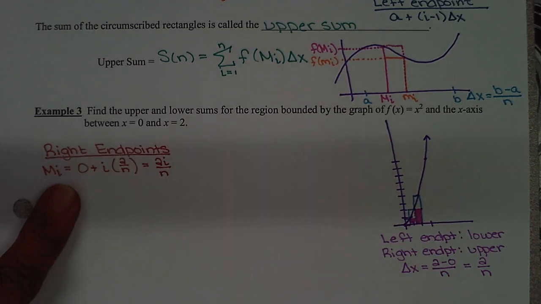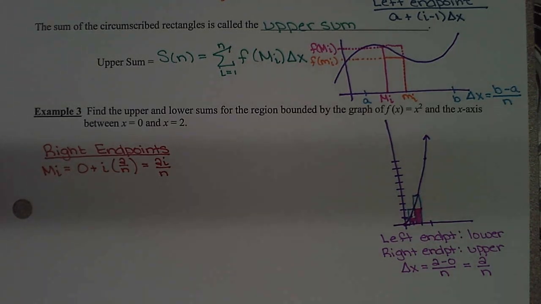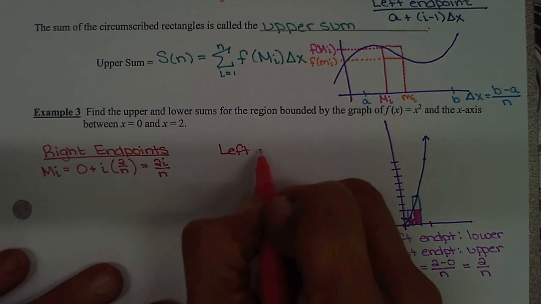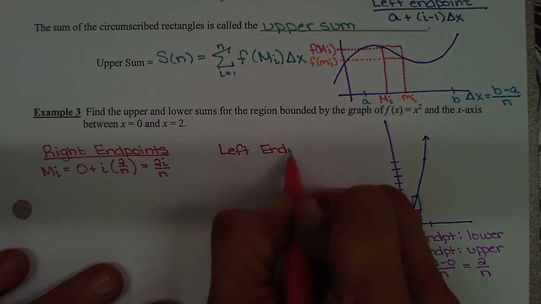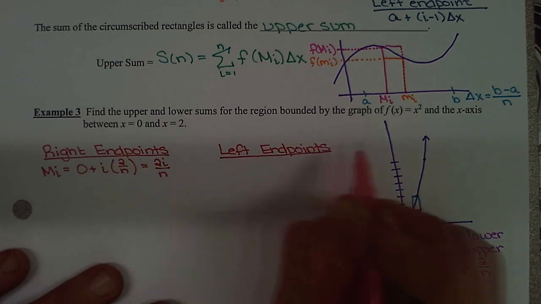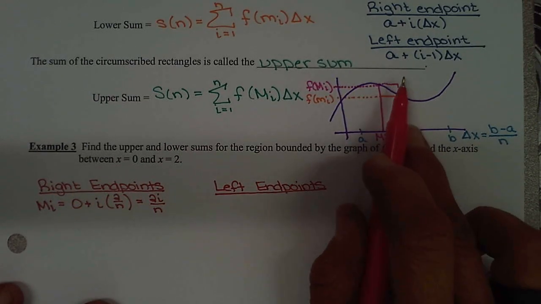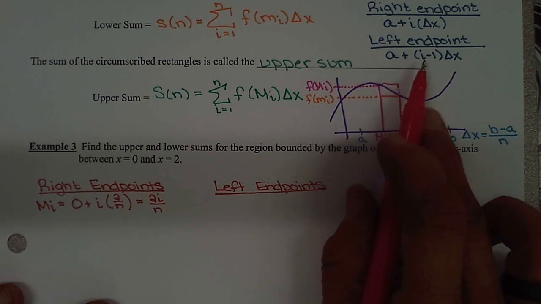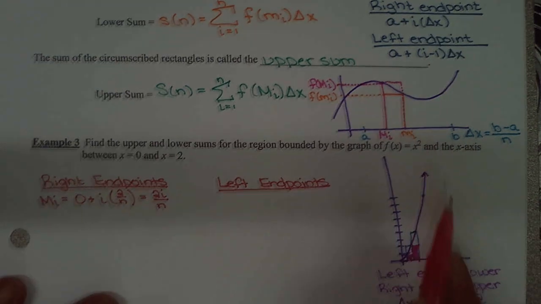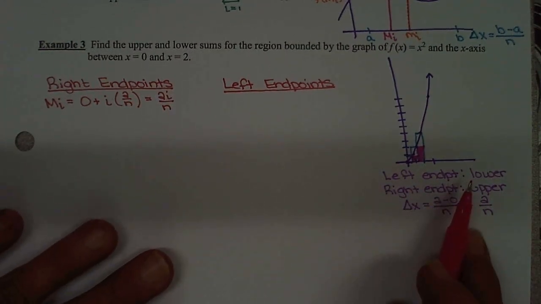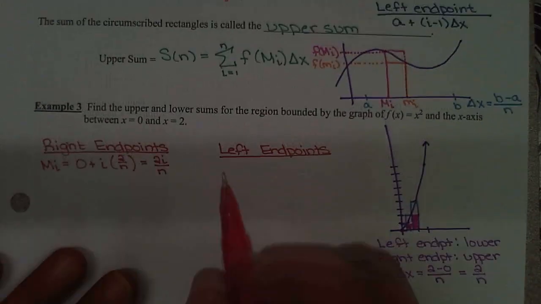Now for my left endpoints, if we follow the formula up here, it says our left endpoints are the ones that are taking it back. So we're going to have this i minus 1. And if we look over here, we said that our left endpoints are creating the lower sum, so that's going to be our lowercase m sub i.